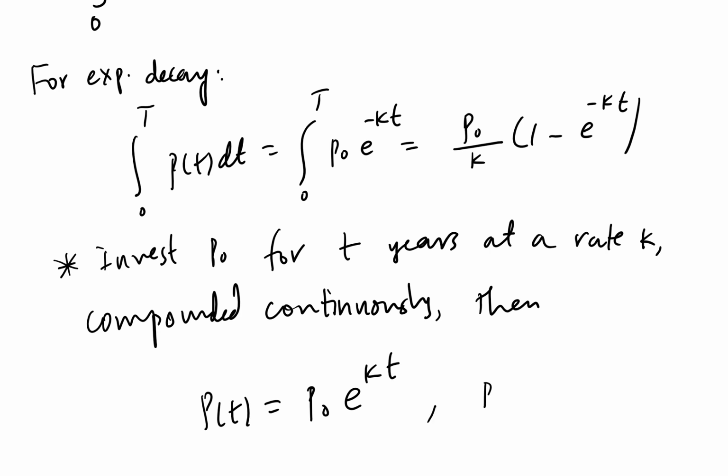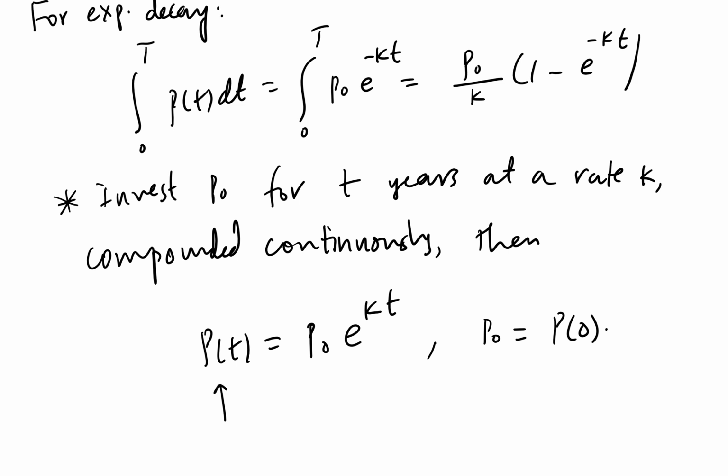So notice P0 is the same as P of 0, and t is the time. This is called the future value of P0 after t years.